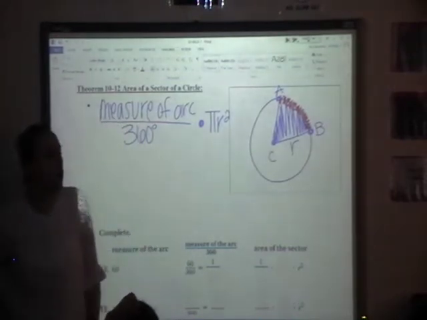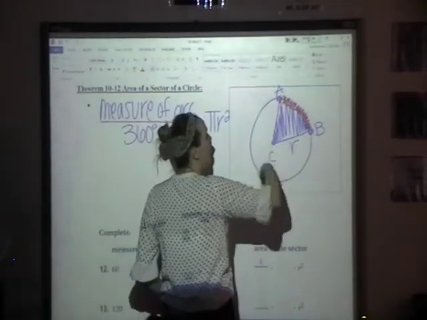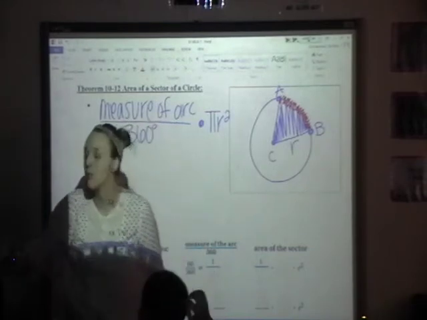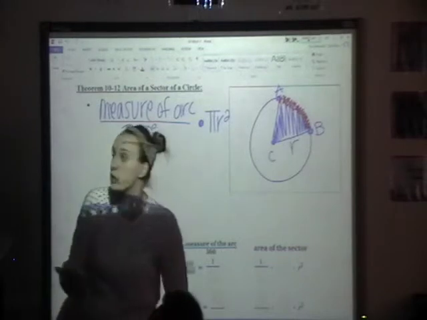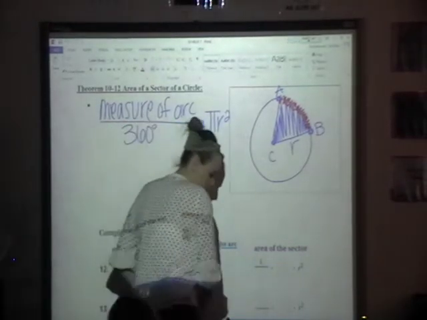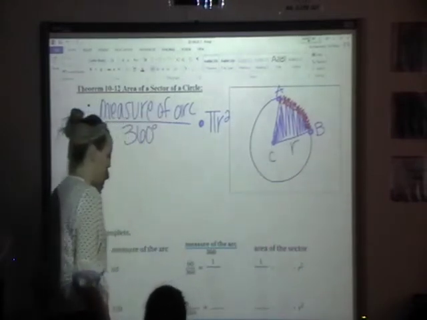And yes, just like with arc length, I can give you this arc and everything else. You have to know that you're either going to subtract it from a full circle, which is 360, or you could be taking it from a semicircle, which is 180.